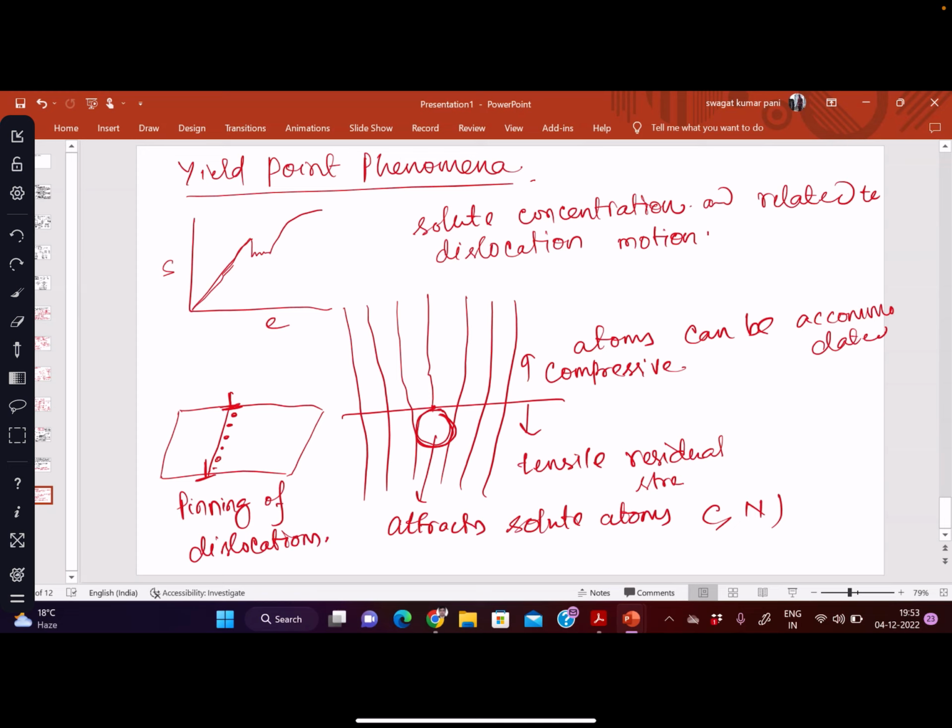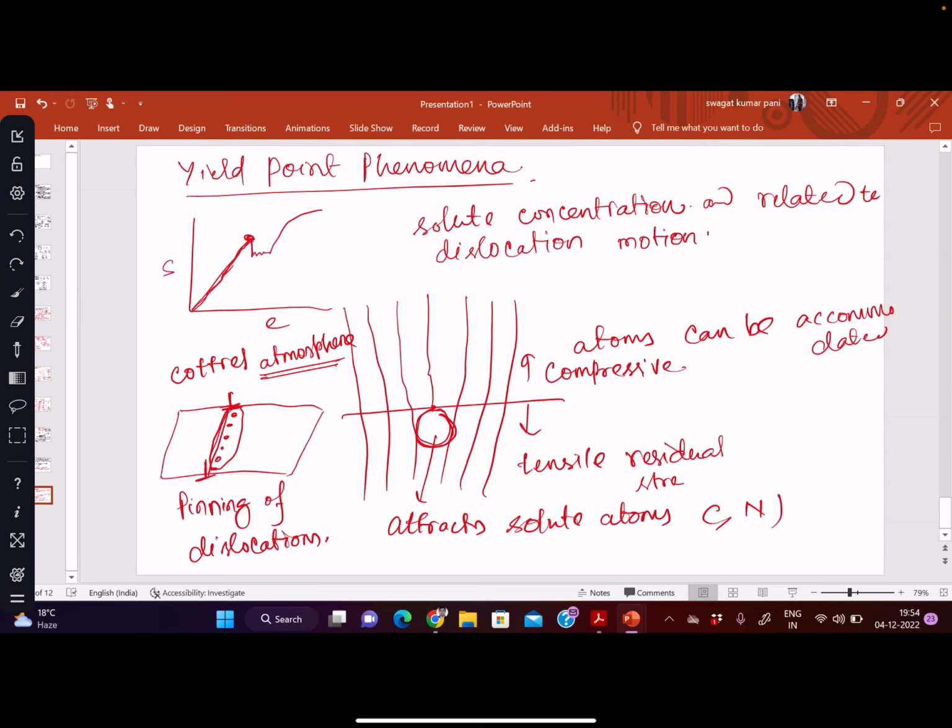And we need a higher amount of stress to break this atmosphere. This is called the Cottrell atmosphere. So this is why the stress first goes high up to a point. At this point, the Cottrell atmosphere is broken and the dislocation is free.